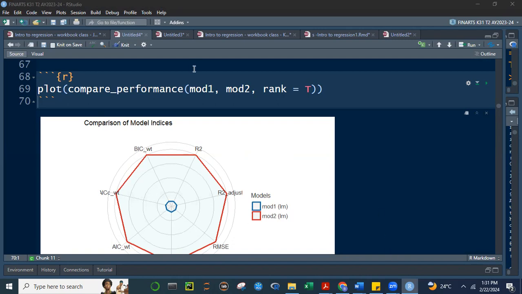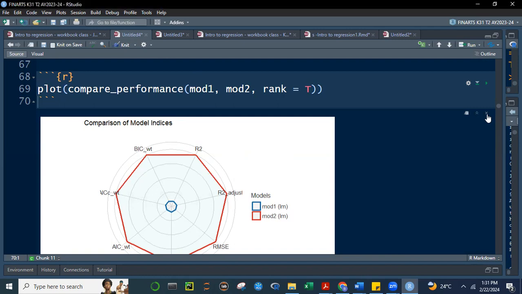Actually, this can be part of your diagnostics, no? When you're comparing the models. Okay, compare performance, and then if you attach plot to it, it will give you this diagram.